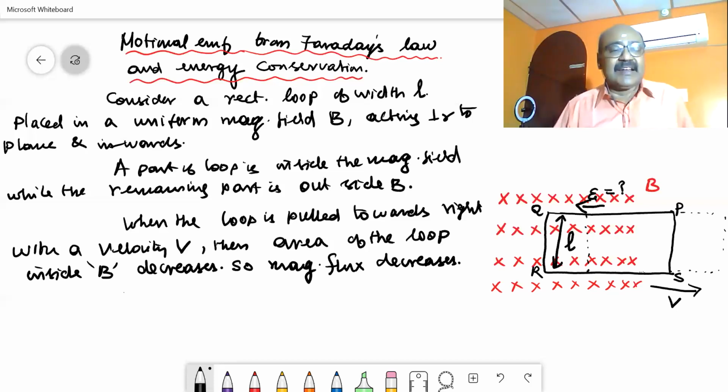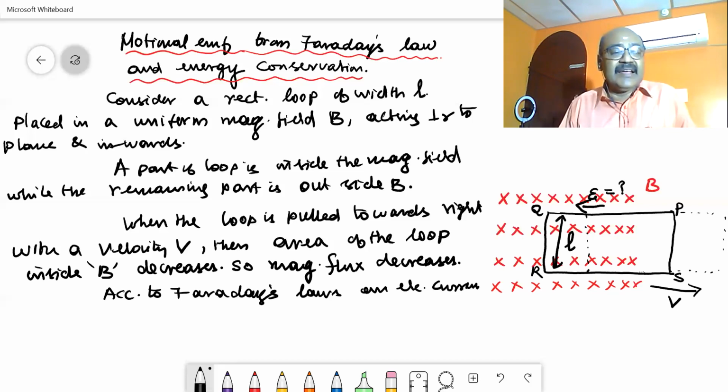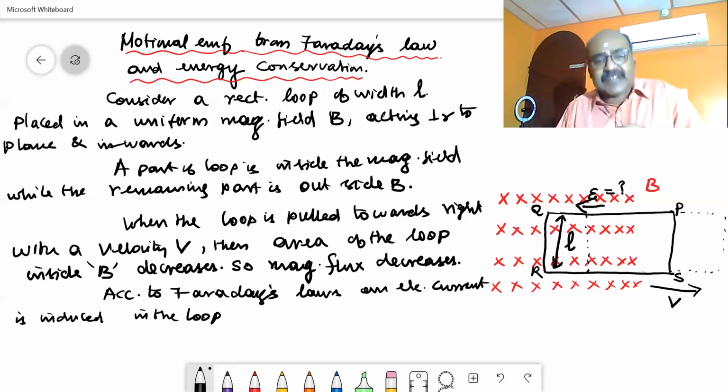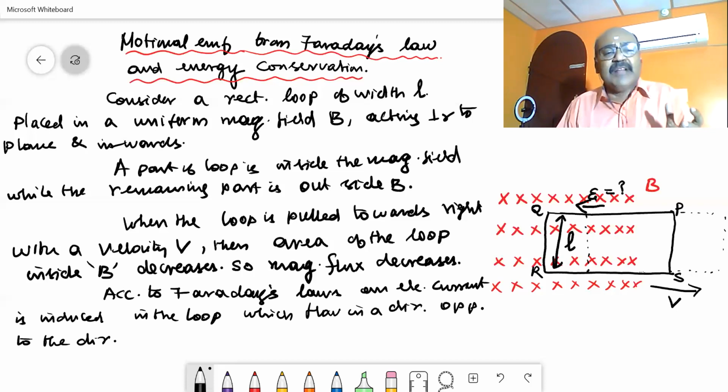So according to Faraday's law, an electric current is induced in the loop, which flows in a direction opposite to the direction in which the flux changes, or opposite to the direction of the loop's pull.